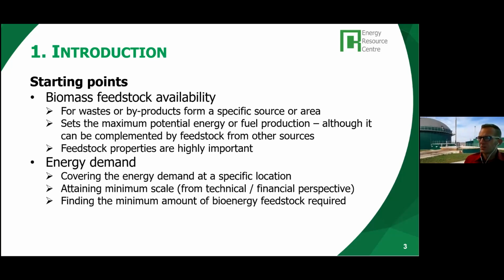The starting point for looking at resource availability is, on one hand, the quantities of biomass that can be made available. That can be waste or byproducts from specific sources, like companies, processing factories, or waste coming from a city or from a certain forestry area, for example.